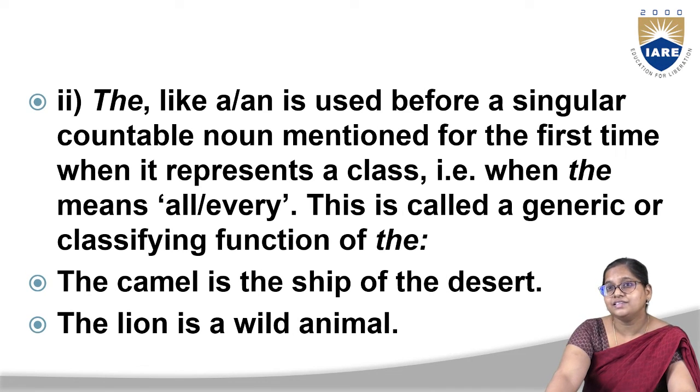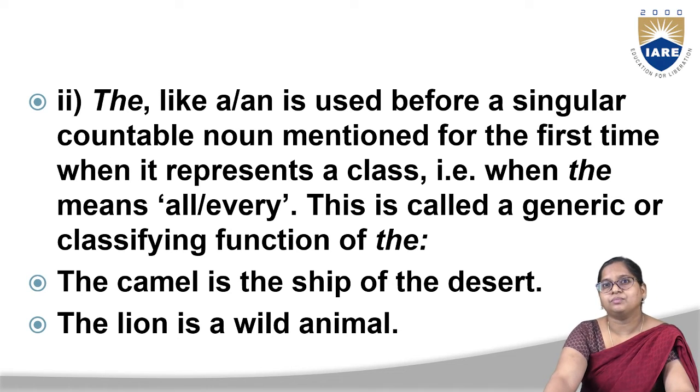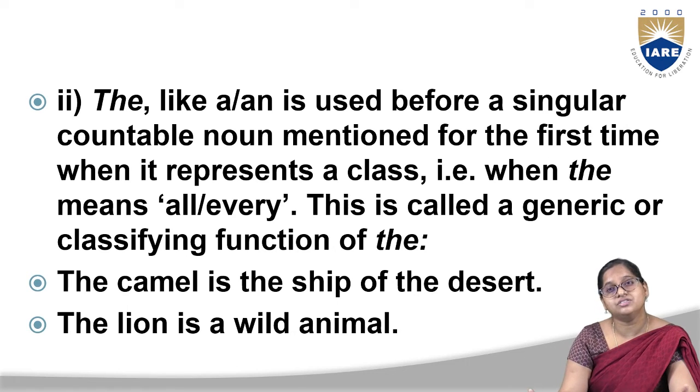Also, "the" is used before a singular countable noun, like "a" and "an", for generic or classifying functions, like "the camel is the ship of the desert". There are some generic functions like this. That means you're not talking about that particular camel, but in general the camel signifies it is a ship.